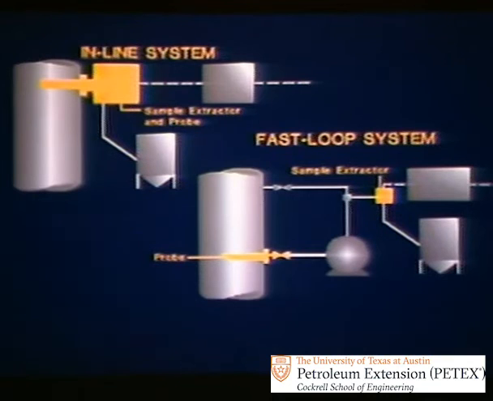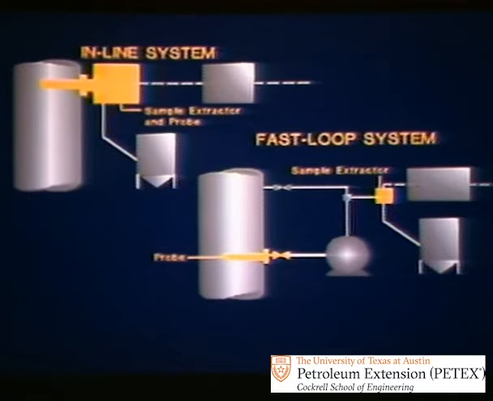Given a choice, use the inline system because a fast loop system has a limitation. It grabs the sample out of the fast loop instead of directly from the pipeline. In effect, the fast loop system samples a sample, and representativeness can be lost.